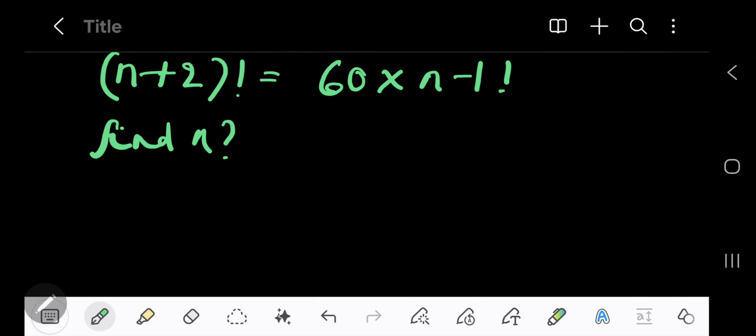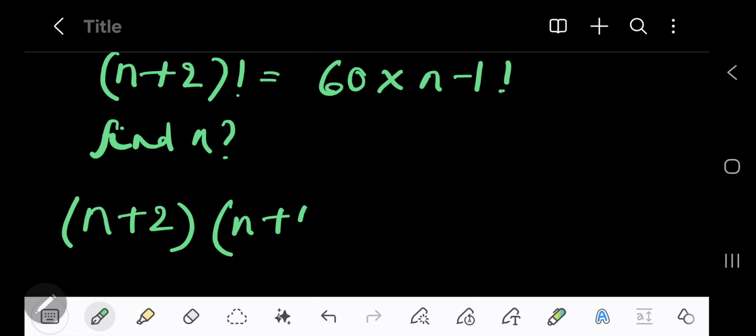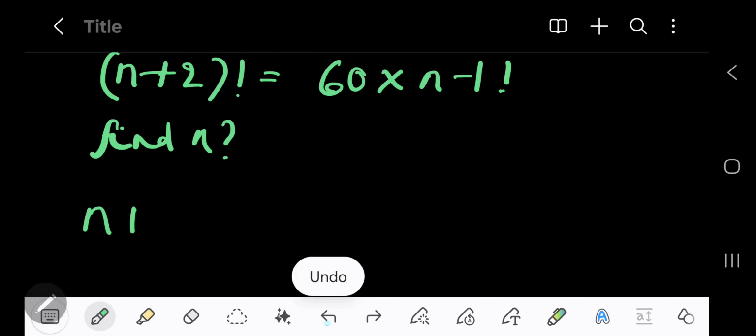So (n+2)! can be written as (n+2) times (n+1) times n times (n-1)!. Oh no, it's this much only, sorry.